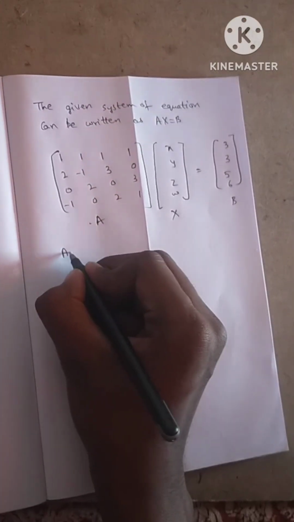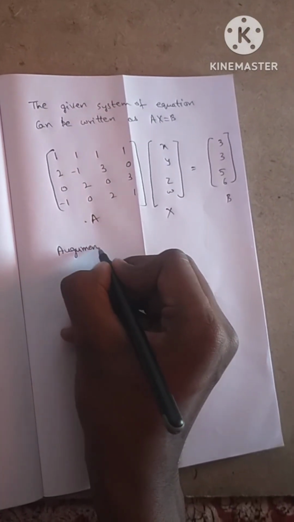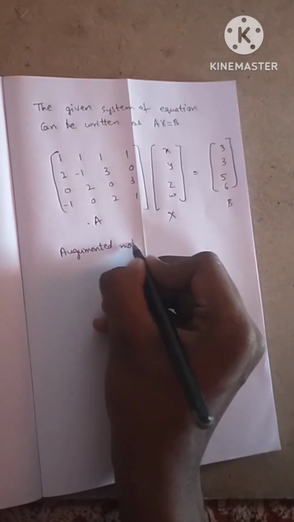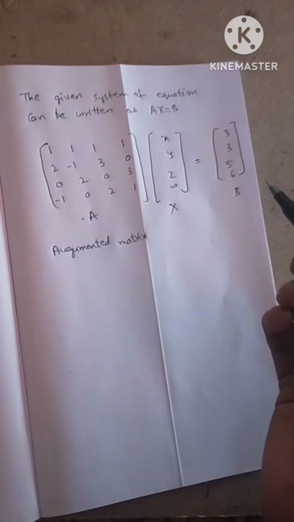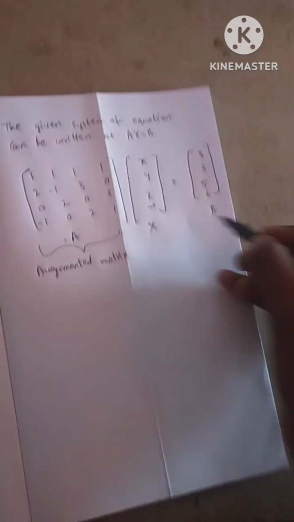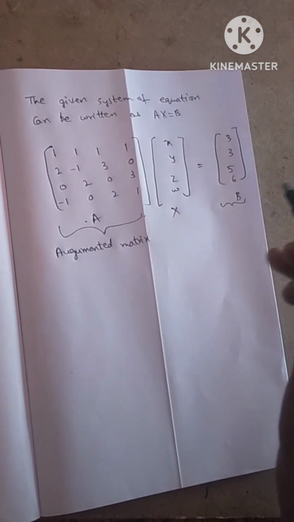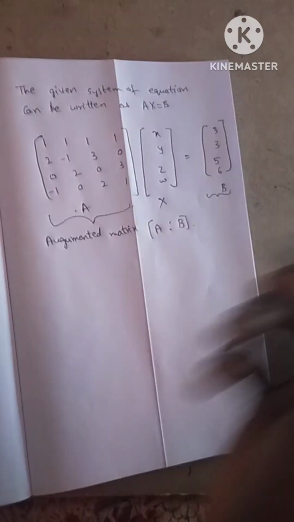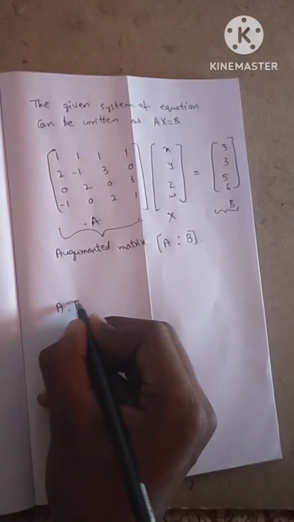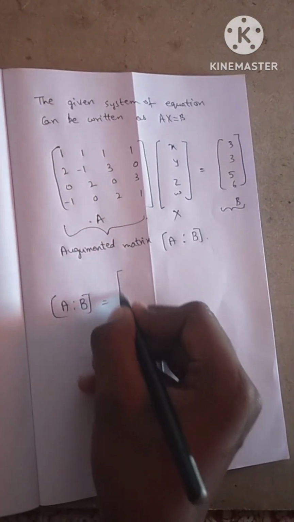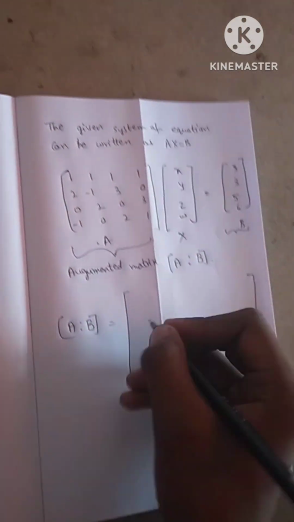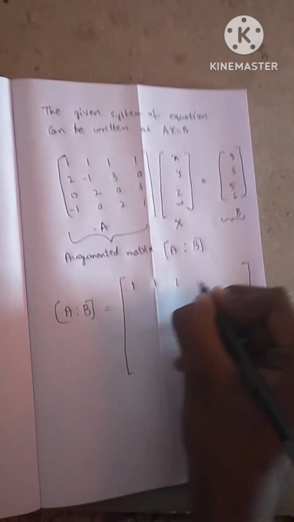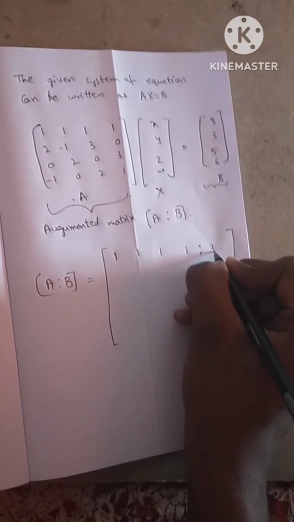This is B. So now we can write this system in the form of an augmented matrix. The augmented matrix is nothing but the combination of the A matrix and the B matrix, written as A partition B. Right here, the augmented matrix A partition B: 1, 1, 1, 1 and then partition 3.